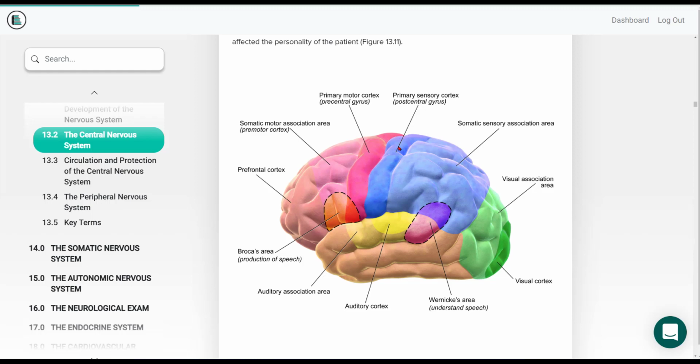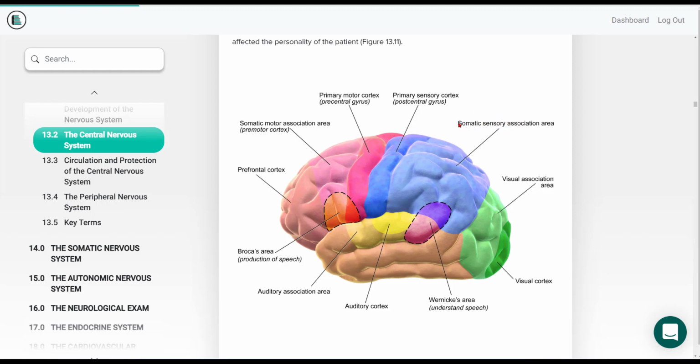And then here, this strip of land, this is the postcentral gyrus, aka the primary sensory cortex, also called the sensory strip. The parietal lobe has a lot to do with sensory. So in addition to the sensory strip, the rest of the parietal lobe is referred to as the association area. An association area is an area of the brain that contributes to your senses, right?